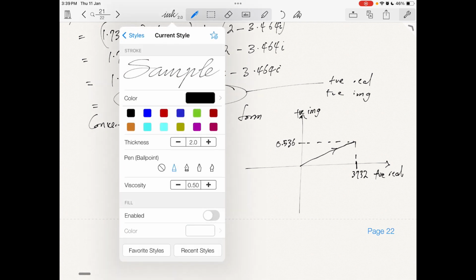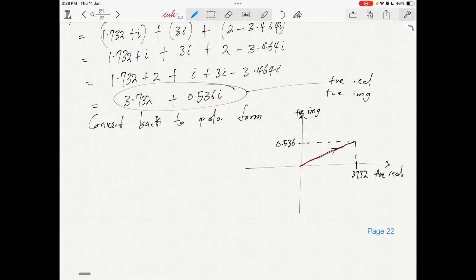So as we did before, we bring out the triangle that we are dealing with, the right angle triangle. There we can draw angle theta. The distance here is 0.536 and this is 3.732.